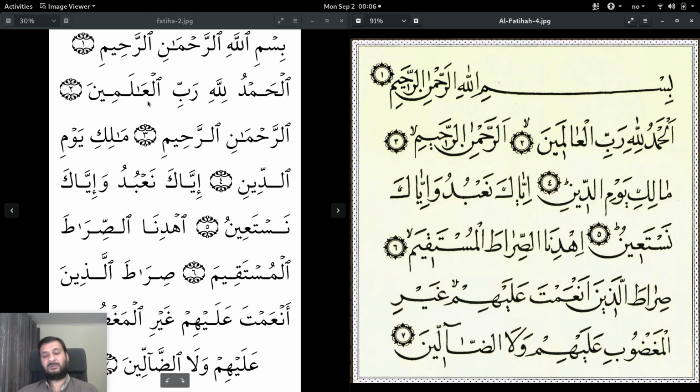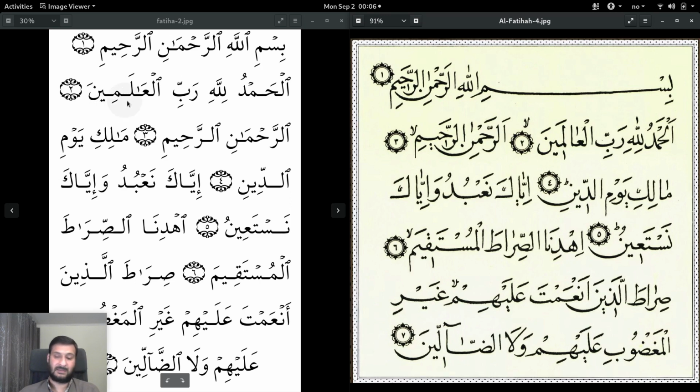So it's pronounced Ain Fathah Alif Sagheera, A, Lam, Meem Kasrah Ya, Mi. It's not just Mi, because there is a Ya here, which is a harful mad.